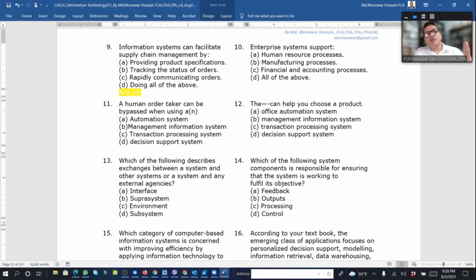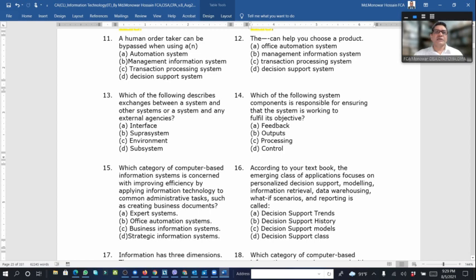That is all within supply chain management. So enterprise systems support human resource processes, manufacturing processes, financial accounting processes, all of the above. What would be the answer? All of the above. Yes, all of the above.